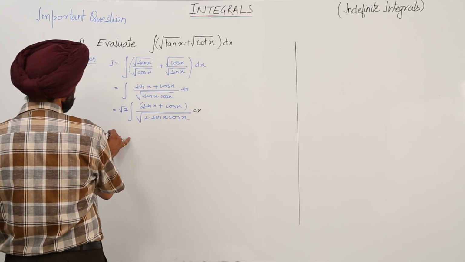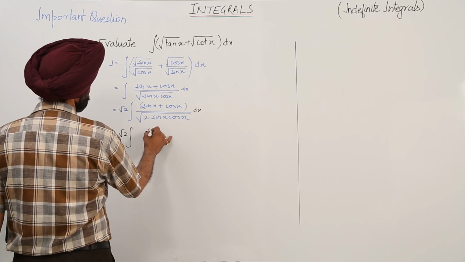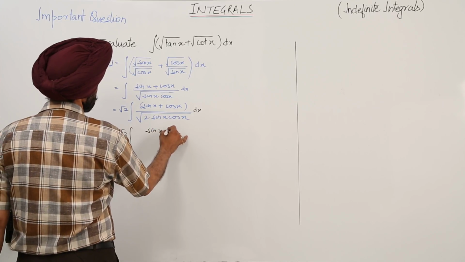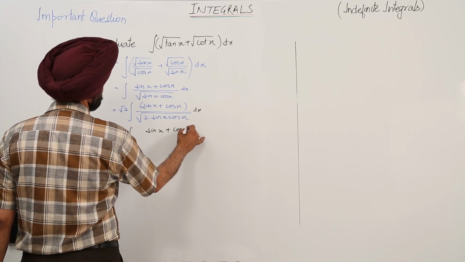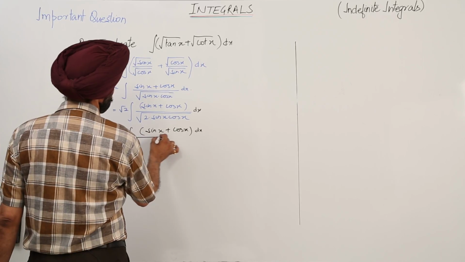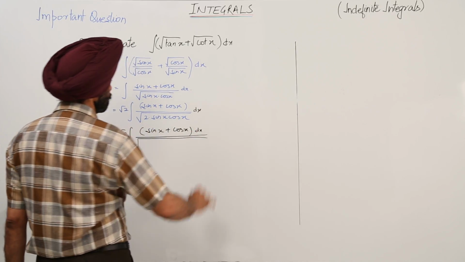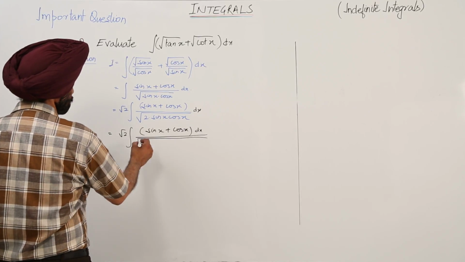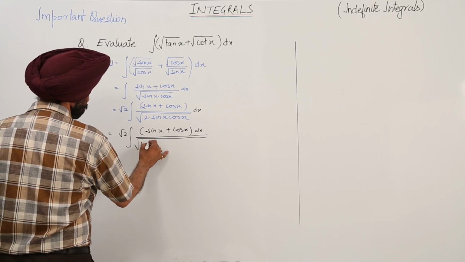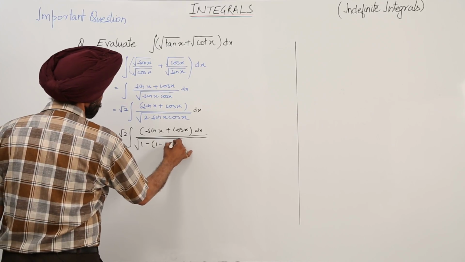Now here it becomes root 2 integration of (sin x plus cos x) dx upon the square root of, now I am writing here, 1 minus 2 sin x cos x.